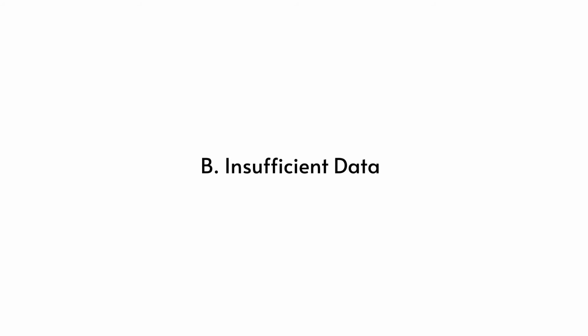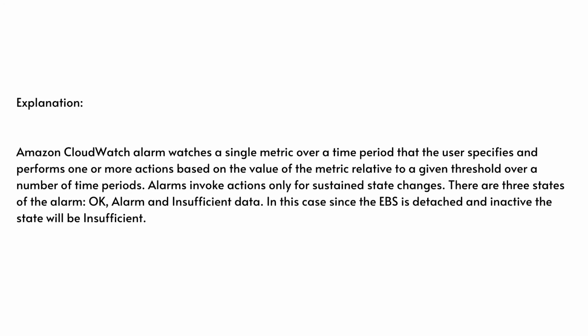Explanation: Amazon CloudWatch alarm watches a single metric over a time period that the user specifies and performs one or more actions based on the value of the metric relative to a given threshold over a number of time periods.